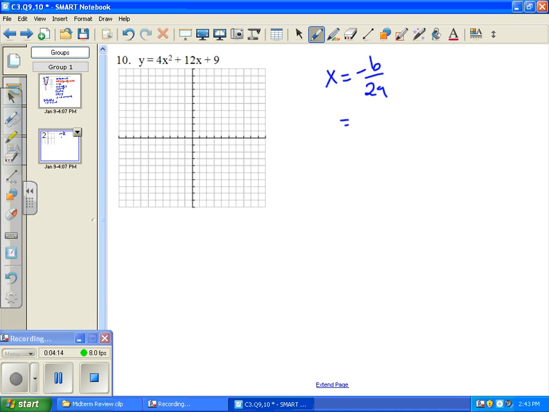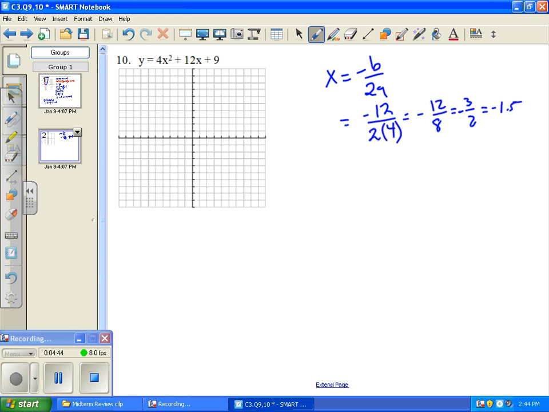So let's plug that in. -12 over 2 times a, that's 4. So this reduces down to, if we reduce it by 4, 3 over 2. So -3 over 2, or also equal to -1.5, if you like that better.